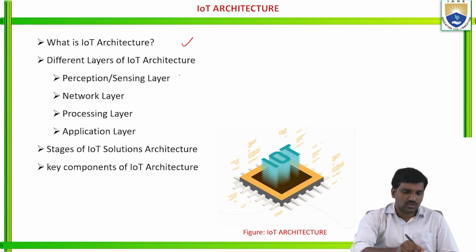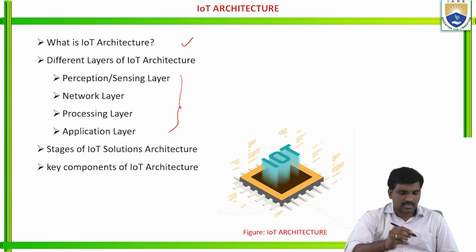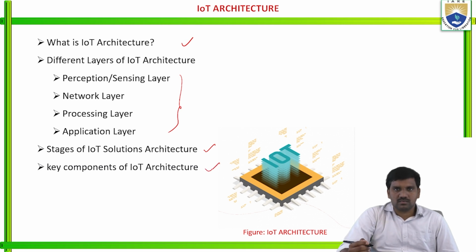Like that, we have four types of layers in IoT architecture, along with the stages of IoT solutions architecture and some key components of IoT architecture. These are the important topics we are going to discuss. This is a generic diagram of IoT architecture.